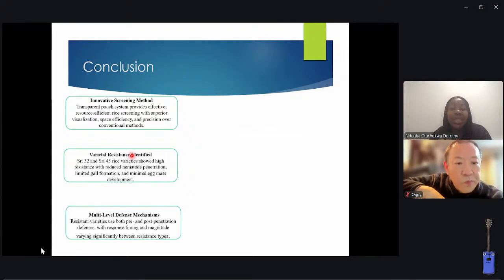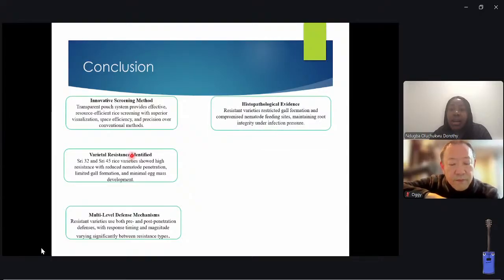And for the multi-level defense mechanism that was seen in SRI 32 and 45, the resistant varieties, they use both pre and post penetration defenses, with response timing and magnitude varying significantly between resistance types.